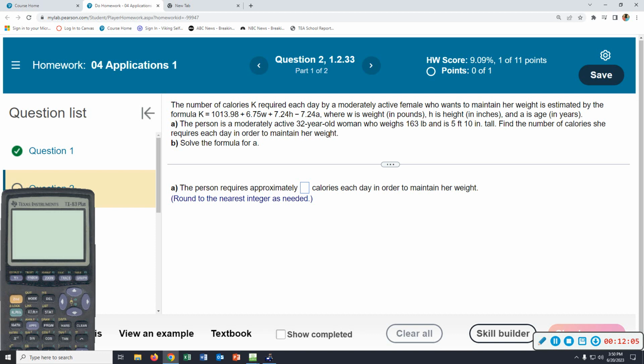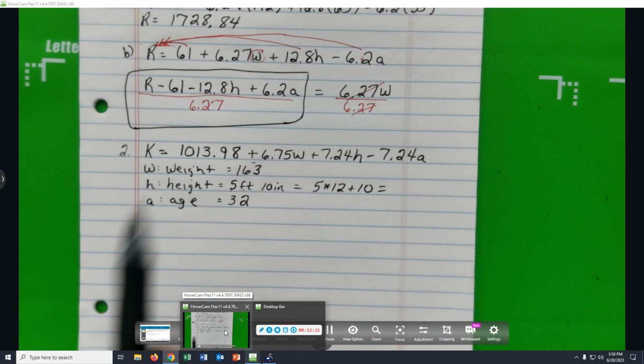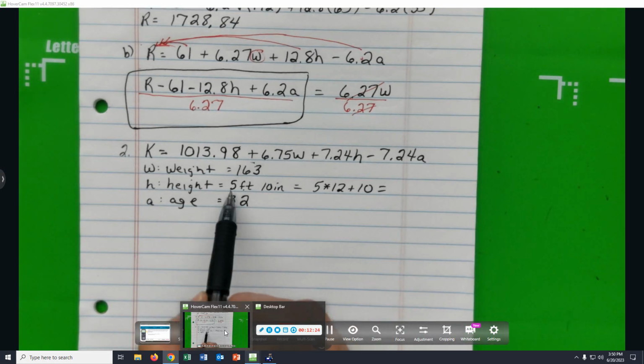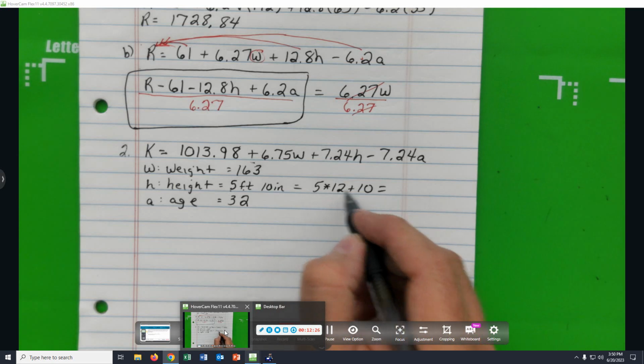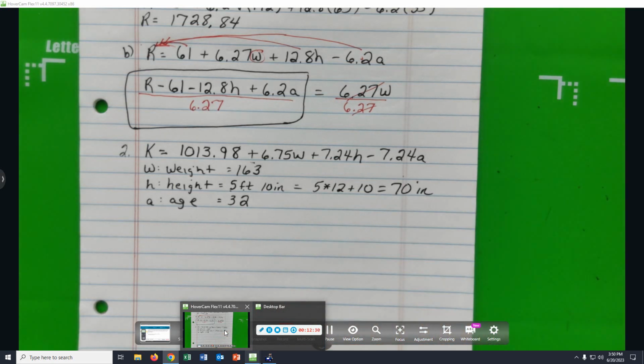But we got to put this in inches, so I'll just go 5 times 12 plus 10. Okay, so I'm calculating that height for a 5 foot 10 inch woman. It'd be 60 inches plus 10, 70 inches.